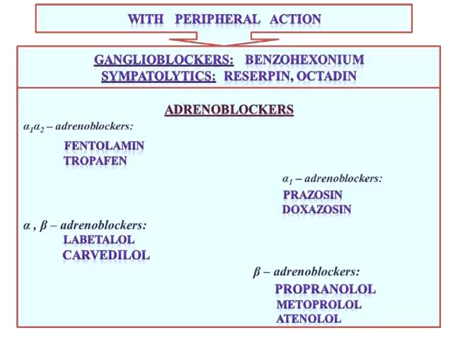Non-selective adrenoblockers inhibiting alpha and beta adrenergic receptors include the next drugs: labetalol and carvedilol. And selective beta adrenoblockers which inhibit only beta adrenergic receptors of the heart, such as propranolol, metoprolol, and atenolol.